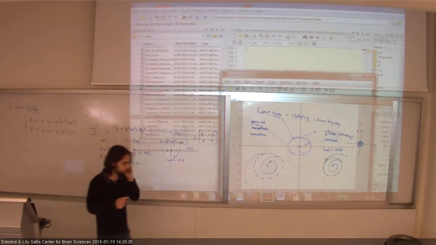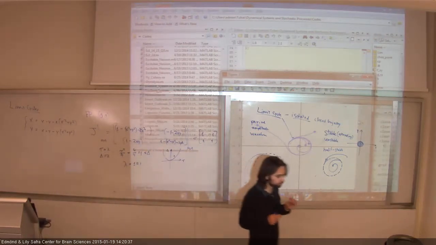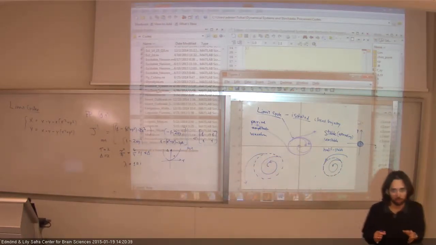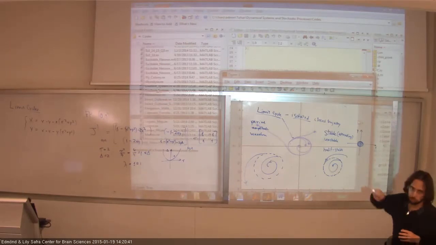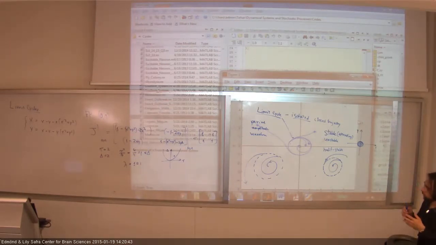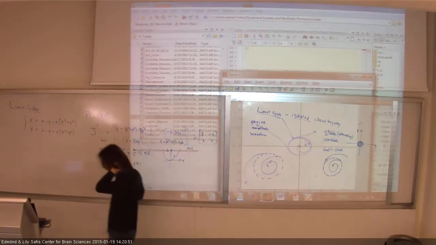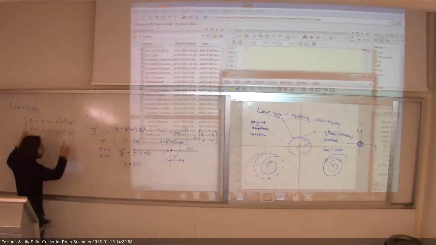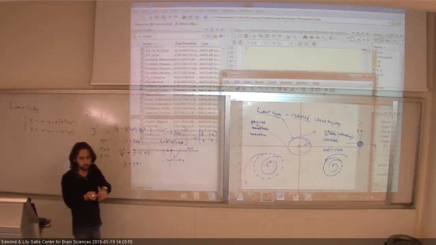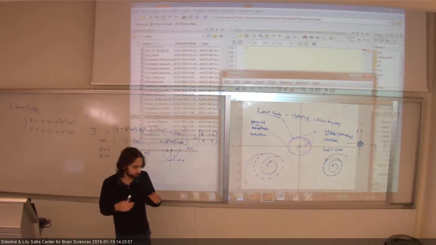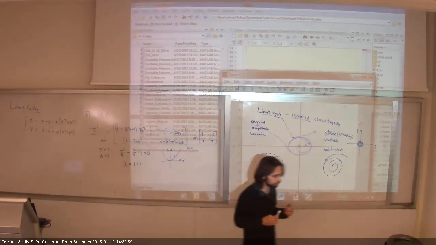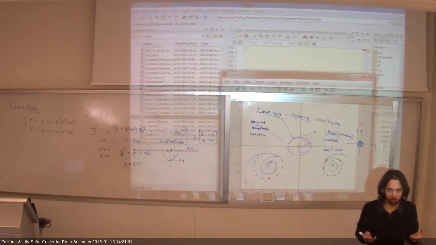So we have several tools for, given a system, saying this system does not have a limit cycle. You would try tool A, tool B, tool C, and see if you manage to rule out a limit cycle by any of these tools.